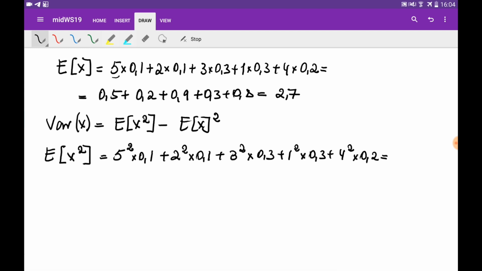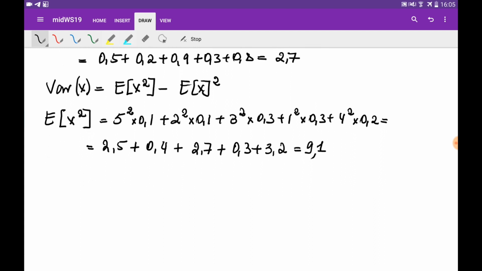So let's calculate this. It is going to be 2.5 plus 0.4 plus 9 multiplied by 0.3, which is 2.7, plus 0.3 plus 16 multiplied by 0.2, which is 3.2. So if we add everything, we are going to obtain 9.1, I guess.